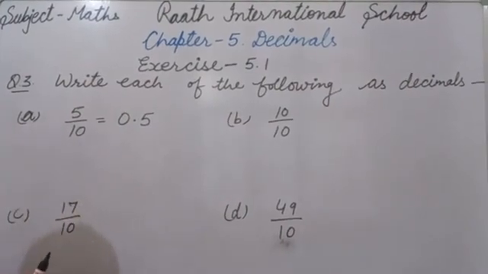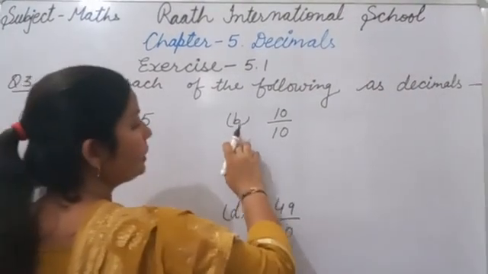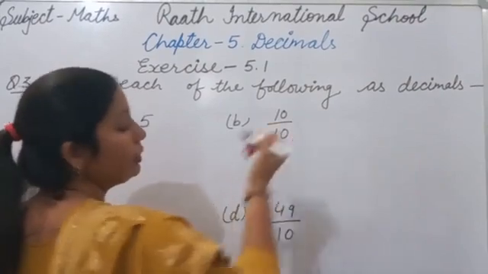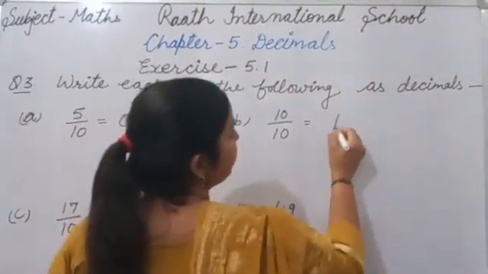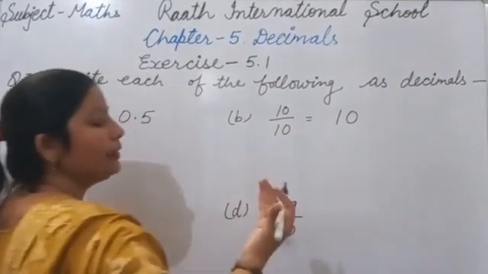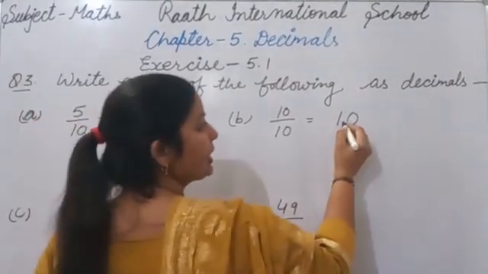Okay. Now it's B part. Now there is 10 upon 10. So again we write the numerator as it is and after one digit we will take a decimal. So here we will take the decimal.